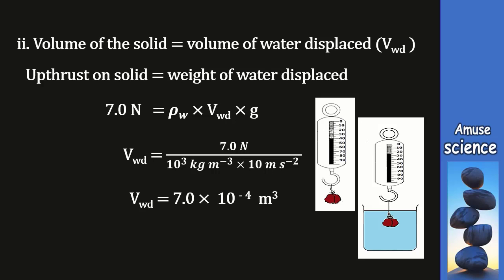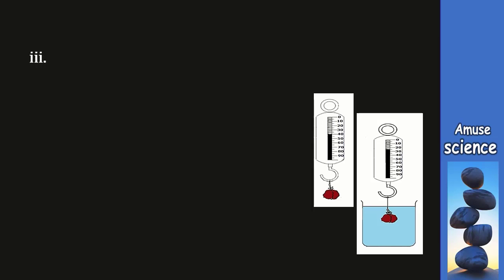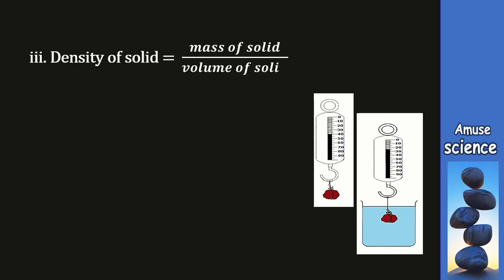So this is the volume of the water displaced and is the same as the volume of the solid. Now the last part of the question is for us to calculate the density of the solid. And to calculate the density of the solid, we know that density is equal to the mass divided by the volume.